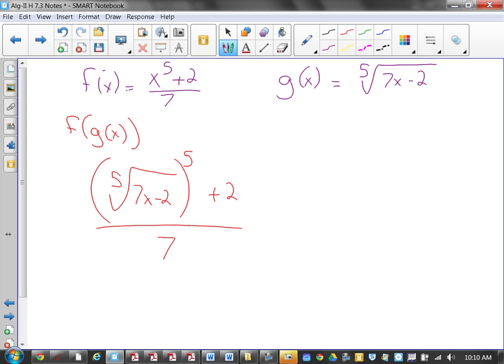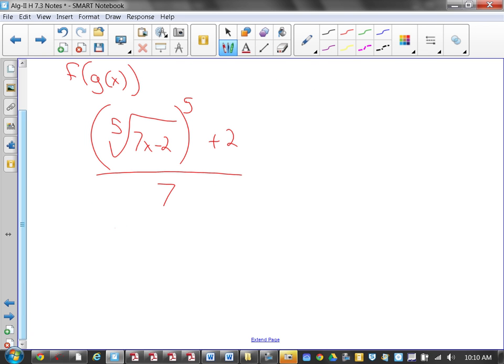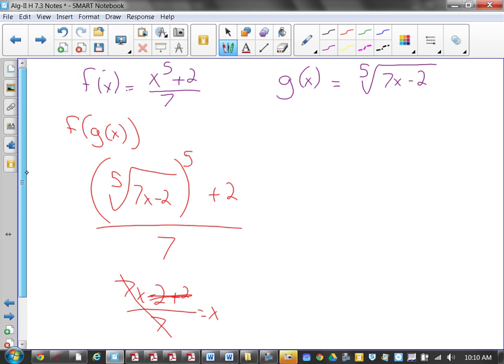So the 5th root of something to the 5th is itself. So you wind up with 7x minus 2 plus 2, all over 7. This simplifies to 0, these drop out, and you get x. We okay with that? Go the other direction.